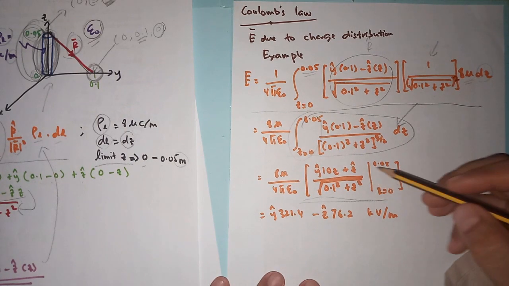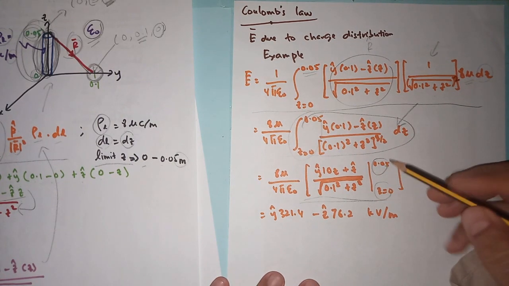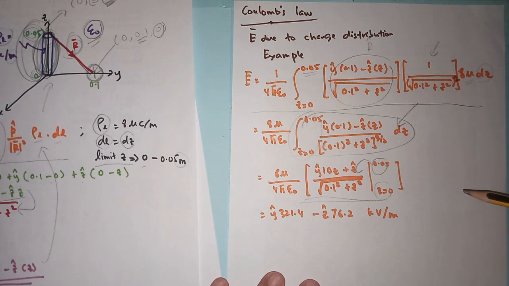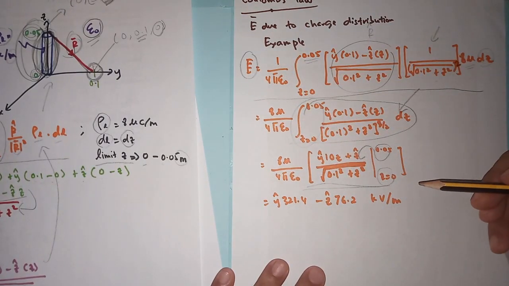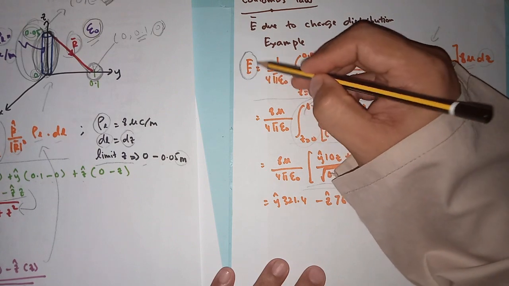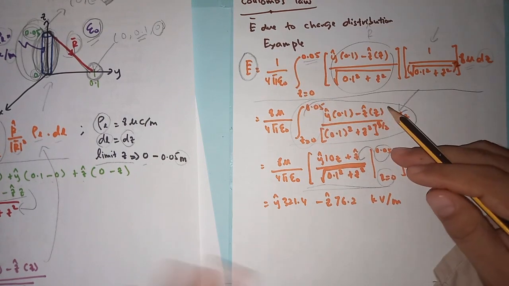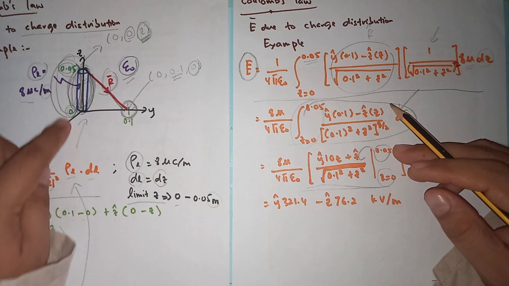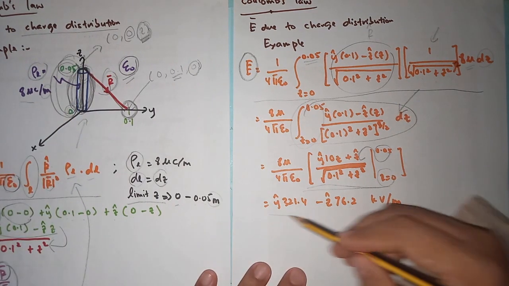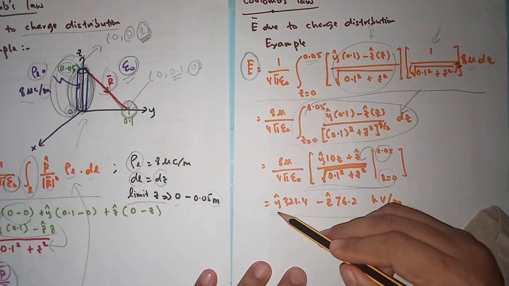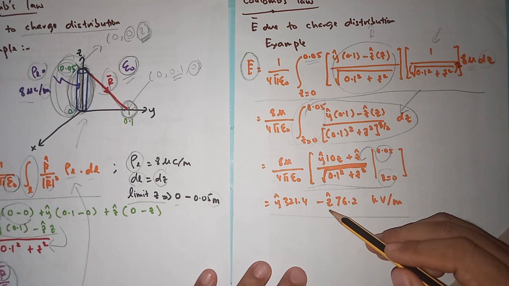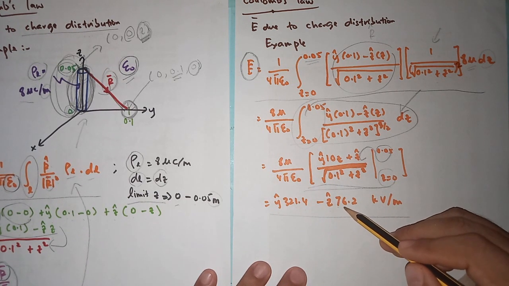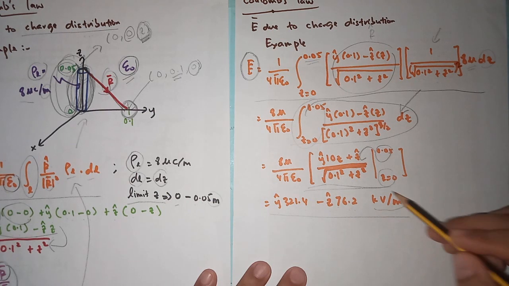Then, if we put all the limit values inside, we have the expression that represents the electric field intensity produced by this line charge: y cap 321.4 minus z cap 76.2 kilovolt per meter.